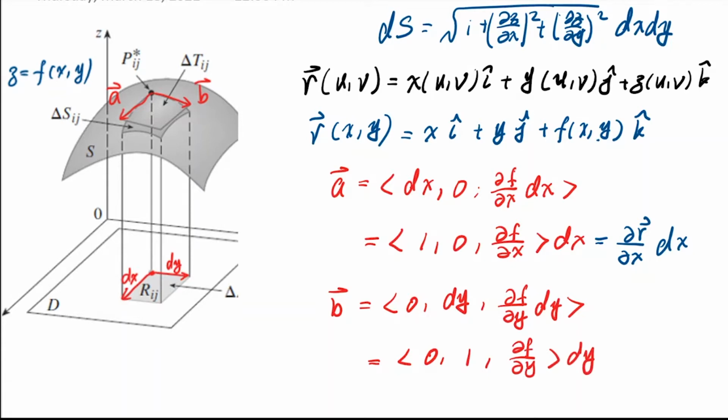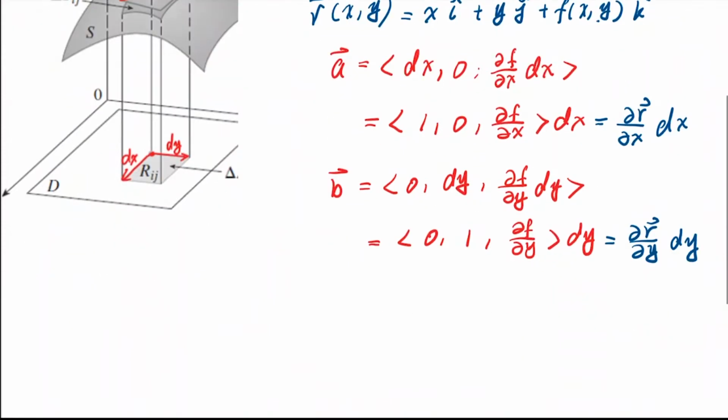But if you think about it, this is just the partial derivative of r with respect to y times dy, isn't it? Good. Are we good? And as before, we take a cross product.